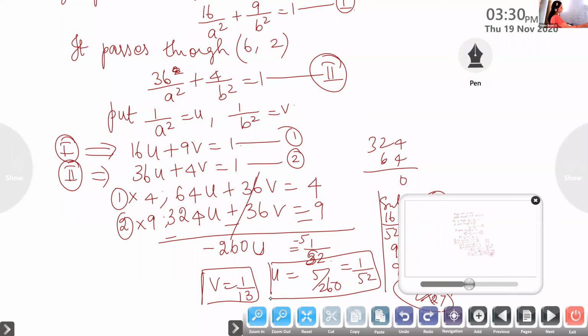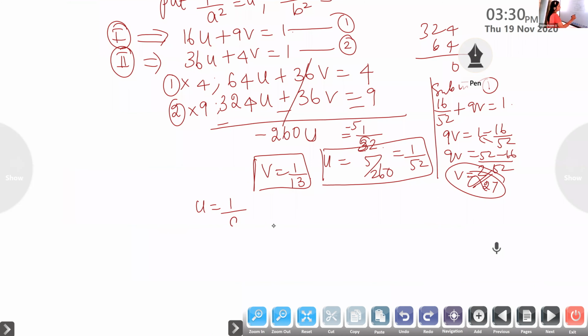Okay, so after finding U and V, U is same as 1 by A square, isn't it? It is 1 by 52. And V is 1 by B square, which is 1 by 13. So what is the equation of the ellipse? The equation of the ellipse is x square by A square plus y square by B square is equal to 1.